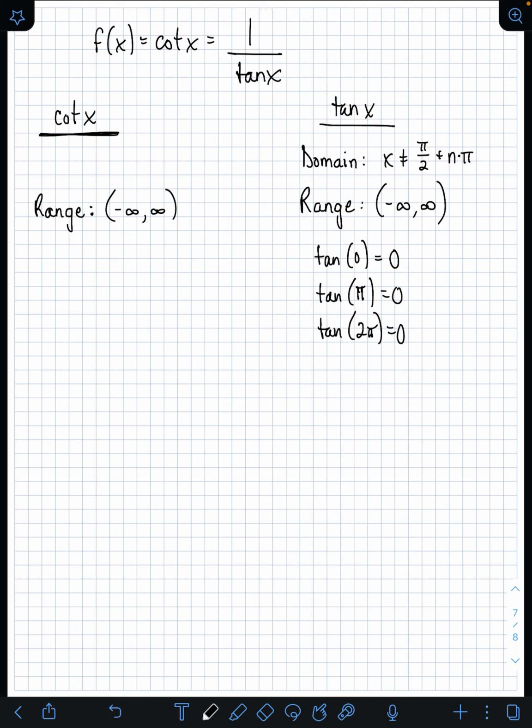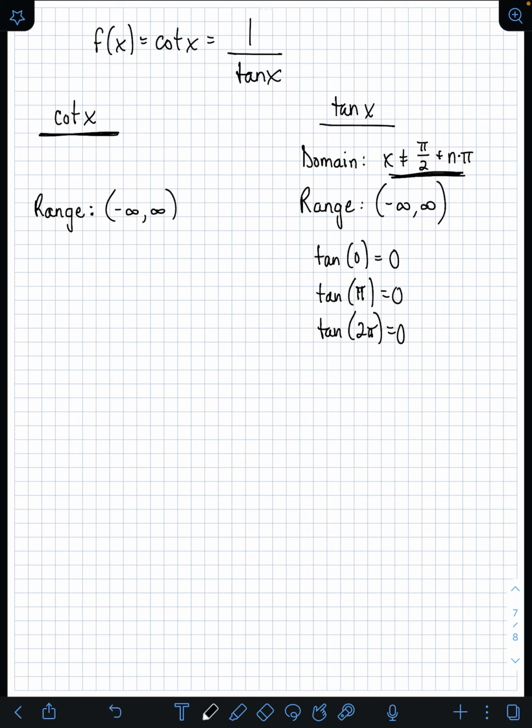So those angles are not going to be included in the domain of cotangent. However, interestingly enough, the places where tangent is undefined, that's where cotangent's going to actually be equal to 0. So they have that reciprocal relationship.